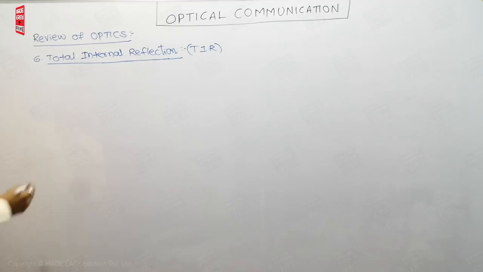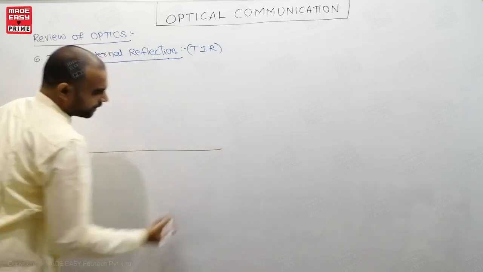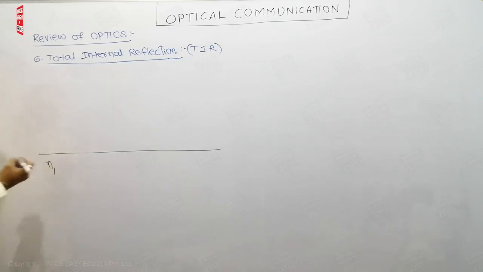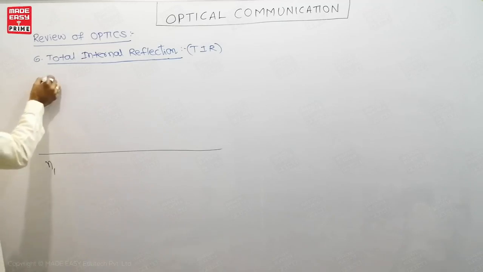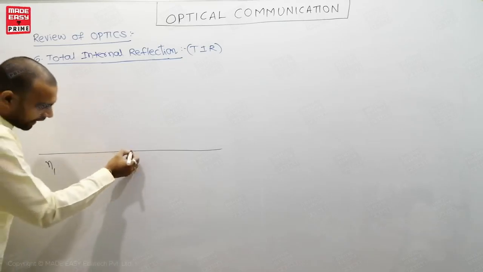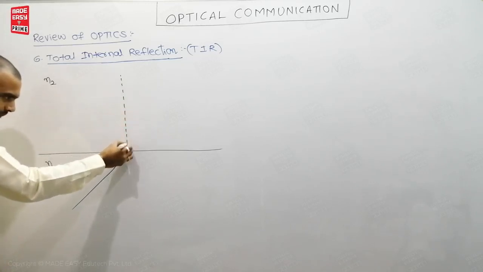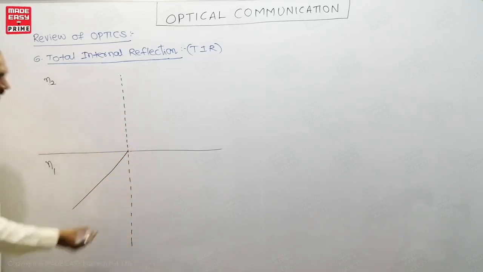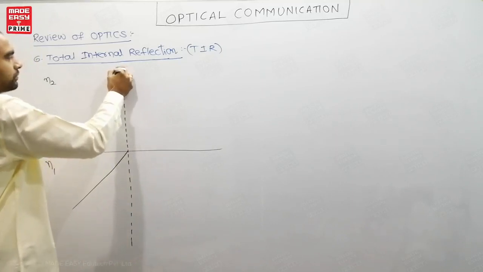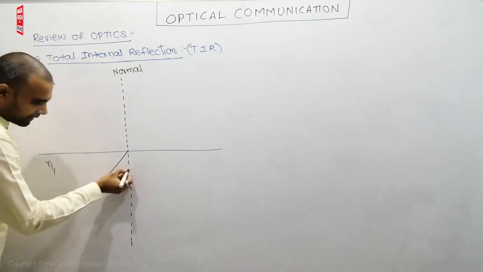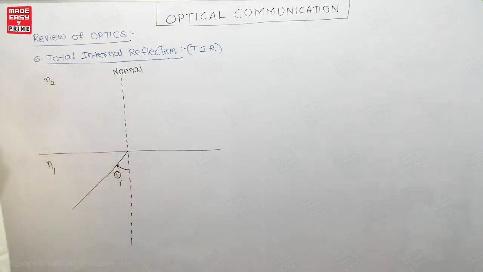Okay, just see here. Considering a boundary between two mediums, medium 1 whose refractive index is n1 and medium 2 whose refractive index is n2. A light ray is incident. The line drawn exactly perpendicular to that is called the normal, and this is the angle of incidence, which is called theta 1.